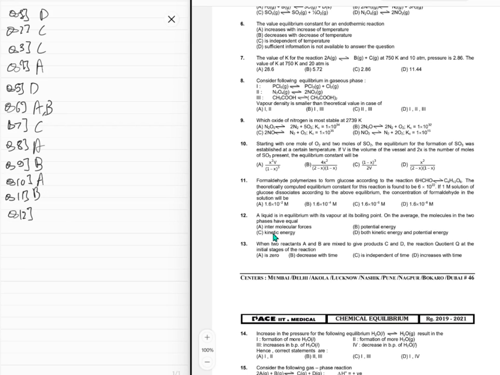A liquid is in equilibrium with its vapor at its boiling point. On average, the molecules in the two phases have equal Gibbs energy, of course. And the entropy is different, I think. Equilibrium with its vapor at boiling point. Intermolecular forces, maybe, no idea.